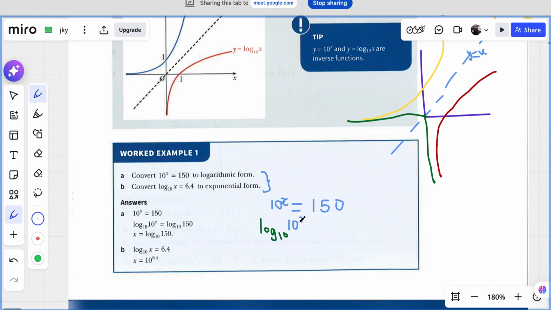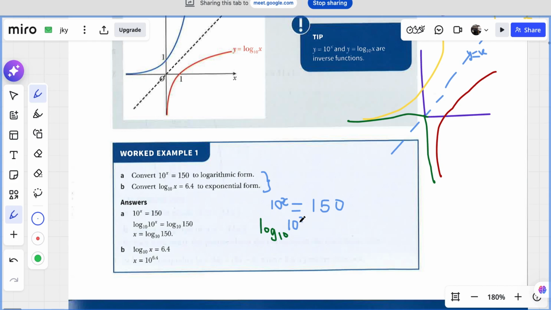Or if you want to go further, you say x log 10 is equal to log 80. So you've already introduced a logarithm function, because that's what they want you to do: to introduce logarithm.